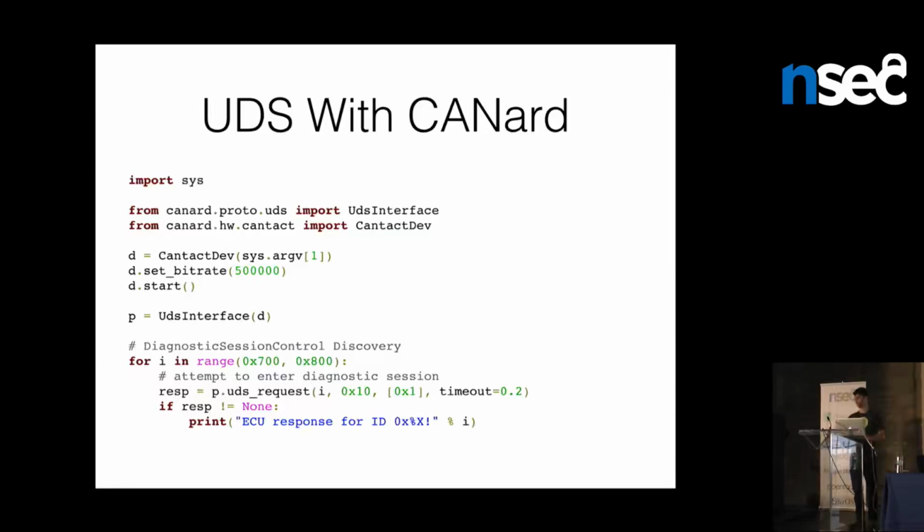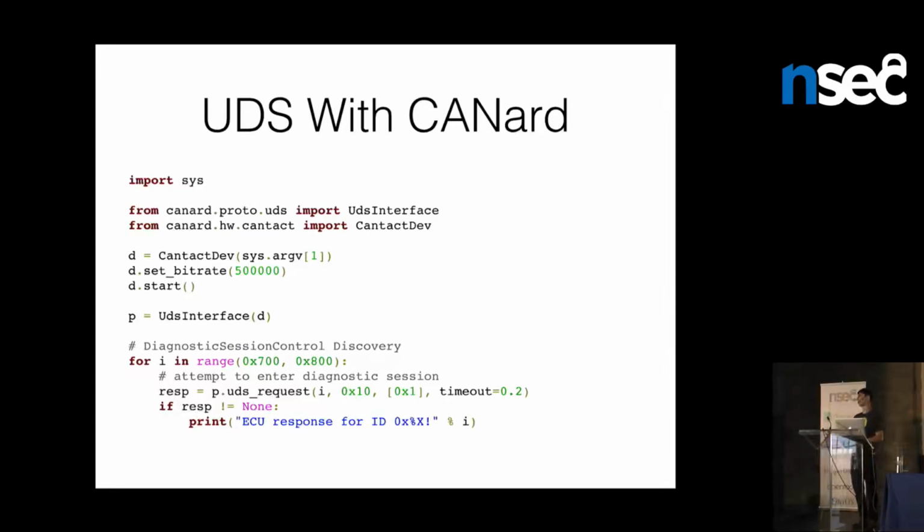When you're plugging into that OBD port, you might only be able to see certain controllers, and for other ones you might have to send messages that get gatewayed through various CAN buses to get to that final controller, then the messages come all the way back. So this lets you run through and see who's out there and knock on the controllers and see if they respond. Pretty simple stuff.